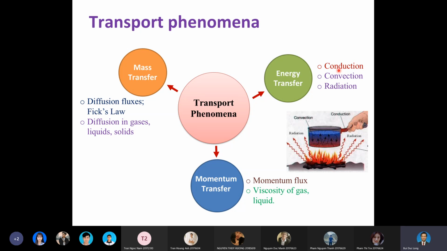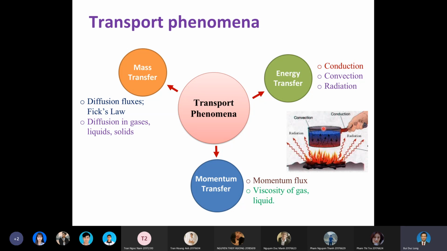And for the energy transfer, it includes conduction. We have three different transfer modes: conduction, convection, and radiation. For momentum, it will be momentum flux, viscosity of glass and liquids.